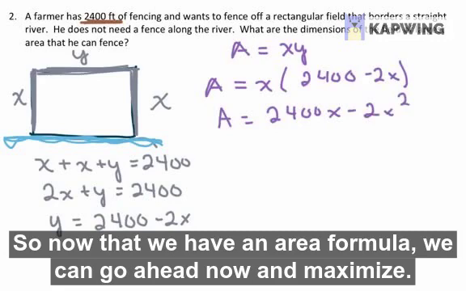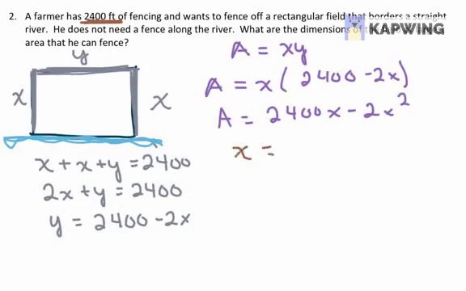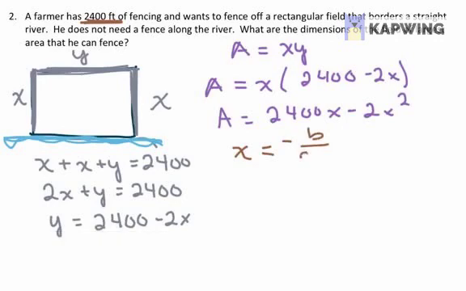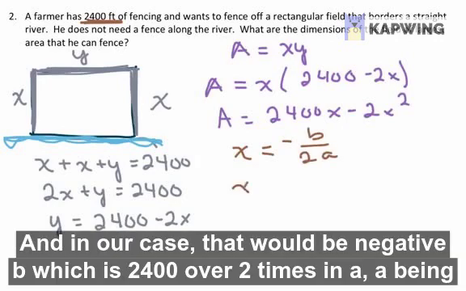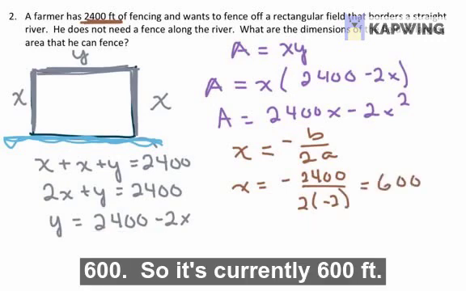So now that we have an area formula, we can go ahead now and maximize. So again, maximizing is still the vertex formula. So x is still negative b over 2a. And in our case, that would be negative b, which is 2,400, over 2 times a being a negative 2. So we simplify this a little bit, you get 600.